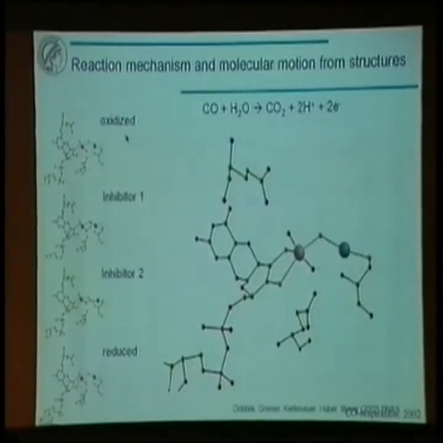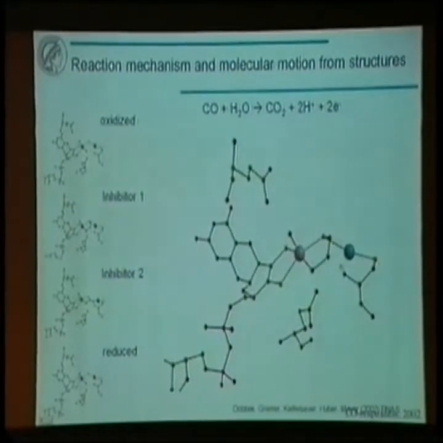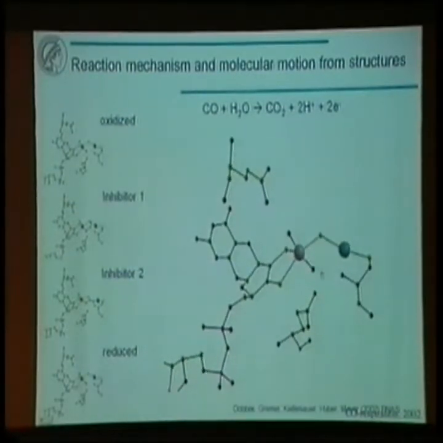So we have, as I said, the oxidized form, we have the reduced form, we have various inhibitor forms. This is the ground state, the free enzyme, molybdenum, sulfur, copper, and then we see what happens when we make a movie.